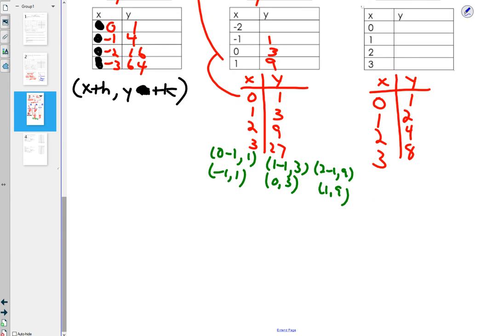So 0 plus 1, comma, and then 1 plus 3, because that's k. So 1 comma 4. Then 1 plus 1, 2 plus 3. That's 2 comma 5. That's going to be on my graph. You can see why they picked the points that they picked. With 1 we get 4, with 2 we get 5.